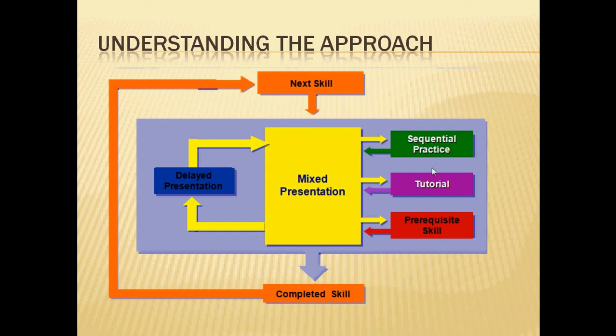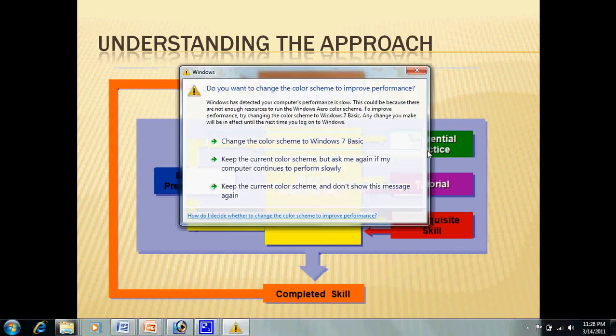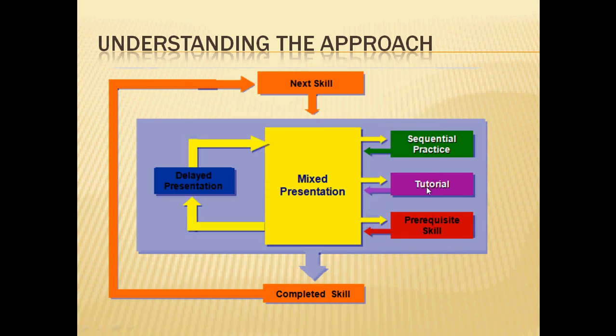Intervention mode will do these 3 sequences of events. It will focus on sequential practice. Sequential practice is when the student receives more exercises of the same type. Another is tutorial, where the student will receive step-by-step instructions on how to complete the process.